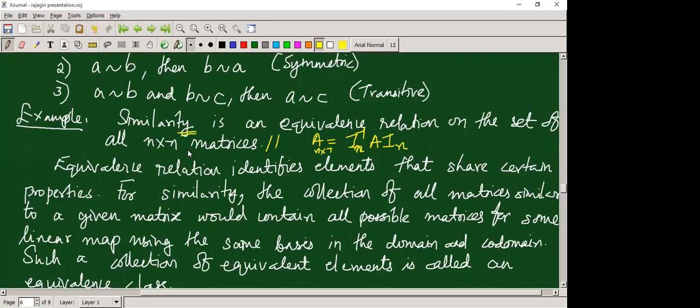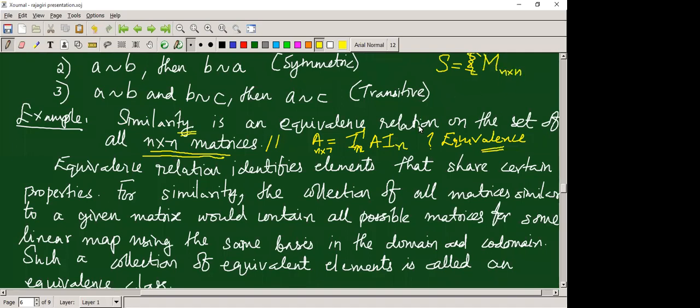Now the next question is, whether the relation equivalence is an equivalence relation. Similarity is an equivalence relation on the set of all n by n matrices. So for discussing similarity, our S is the collection of all n by n matrices.